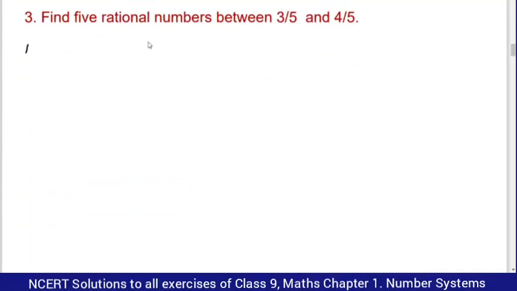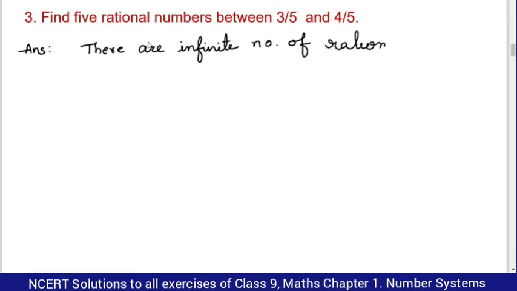Answer: there are infinite number of rational numbers between 3 by 5 and 4 by 5.